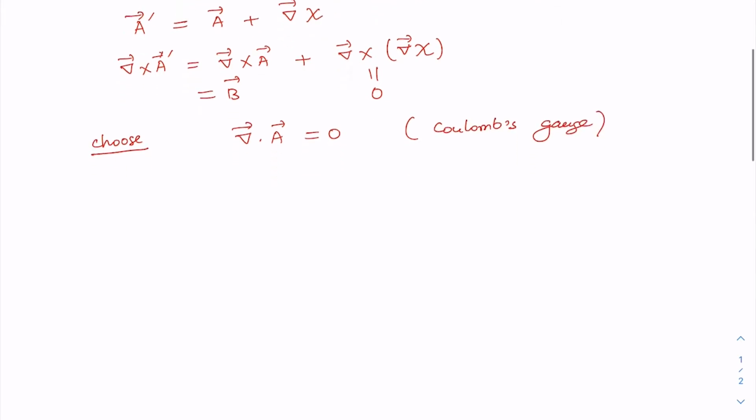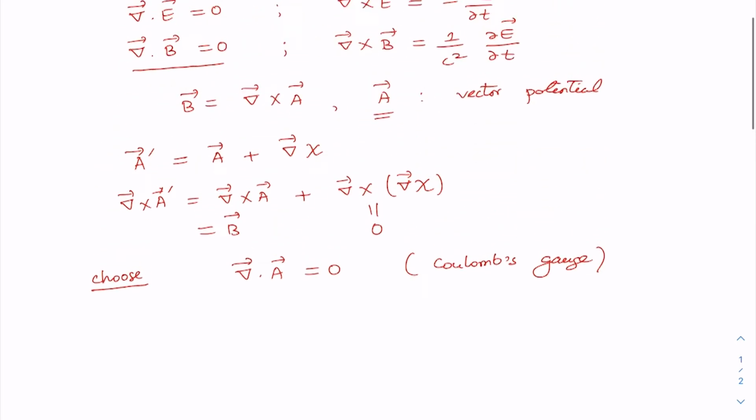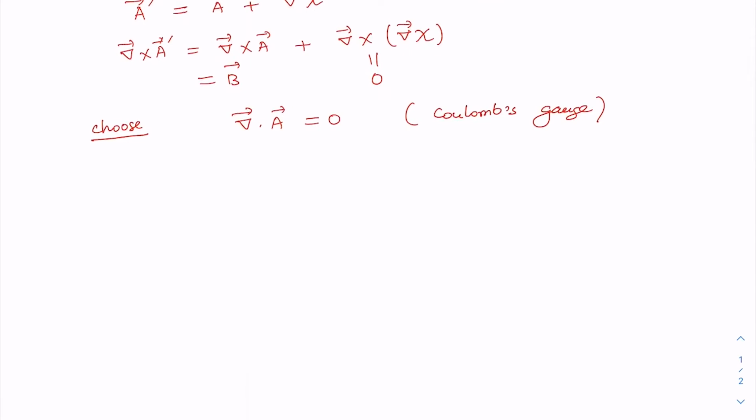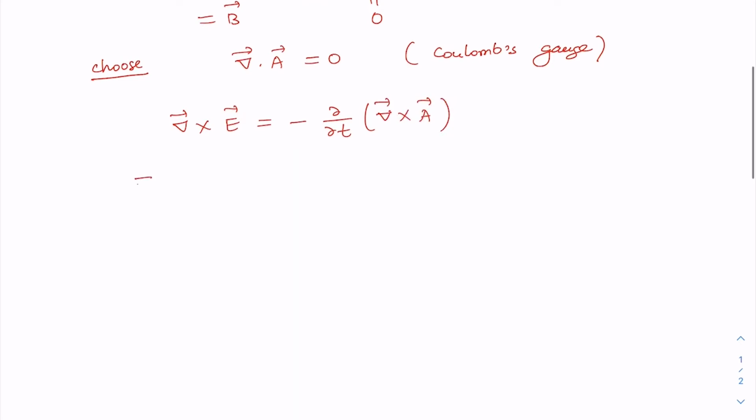Also, because curl of E is equal to minus del B by del t, instead of B I can write curl of A, and from here I can write curl of (E plus del A by del t) is equal to 0.